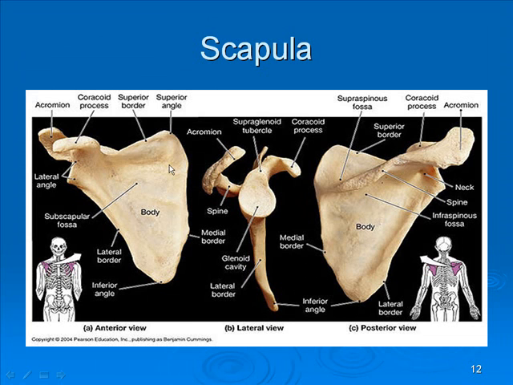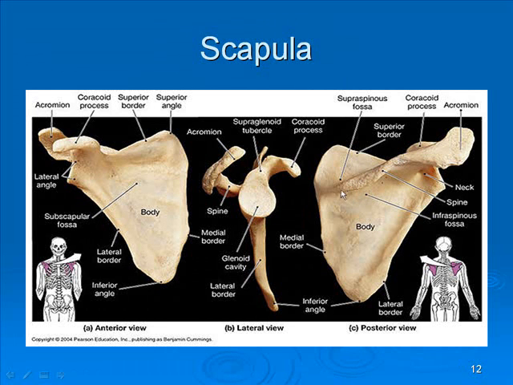Now, as far as the scapula goes, a lot of bony landmarks on the scapula, some of which you should be familiar with. When we look at the scapula, again, it's a flat bone. You can see the position of it by the illustrations here in the lower right and lower left. Again, it's on the posterior aspect of the body. This would be the posterior surface when we're looking at the body from the back.